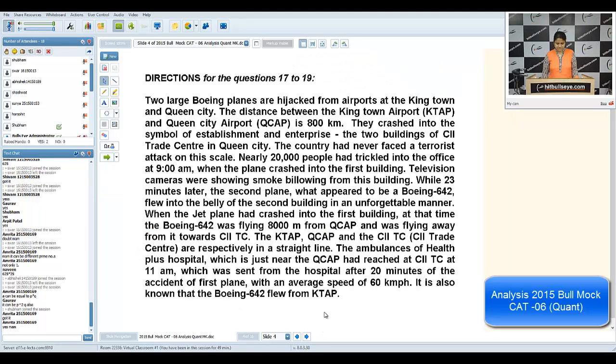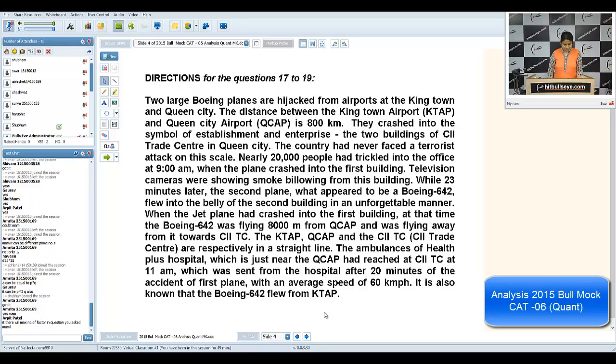Now come to this question 17 to 19. Maximum number of factors in question. Arpit, you make any question, I'll answer. You give me any expression. Of course, you cannot find maximum number of factors. For any number, if you know a number, we can determine how many factors are there.